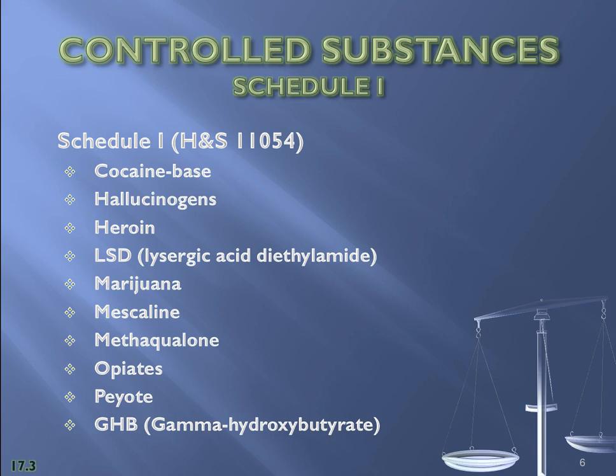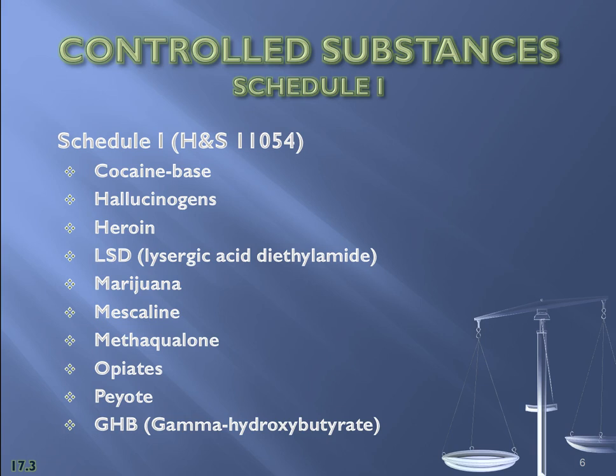So Schedule 1 falls under Health and Safety Code 11054. The more commonly known controlled substances are cocaine base, hallucinogens, heroin, LSD, marijuana, mescaline, methaqualone, opiates, peyote, and GHB. And I think a lot of people already know what GHB is.